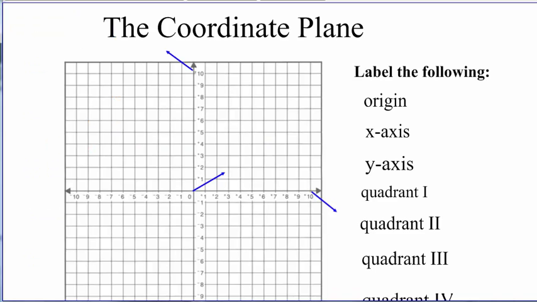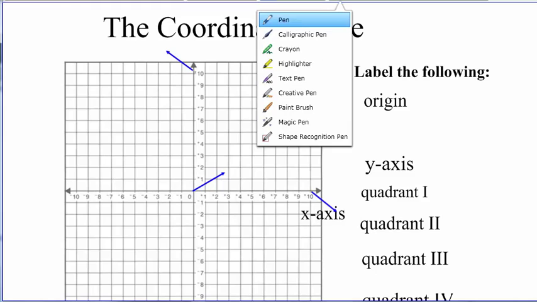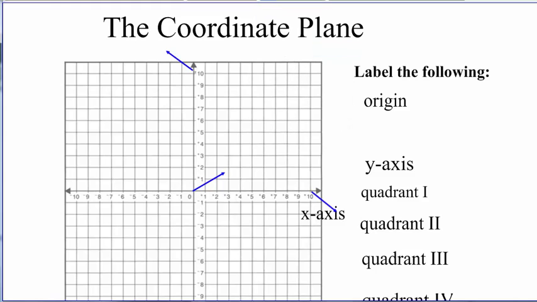So here's an example of a coordinate plane. And I want to label the following things. So the origin, the point where the x-axis and y-axis meet. Well, it'd help if we knew what the x-axis is. The x-axis is this longer line that's going across the coordinate plane horizontally. It's that number line there.